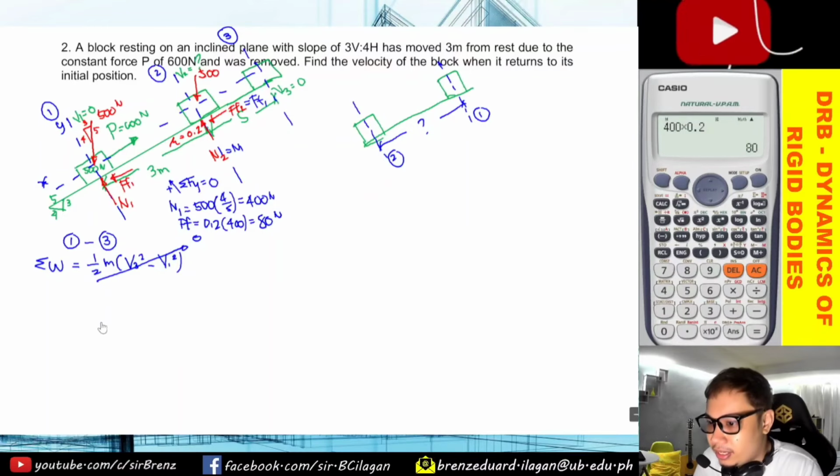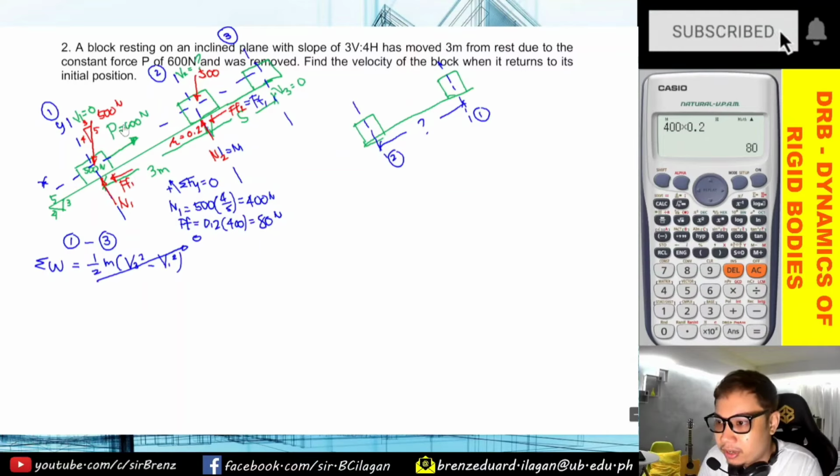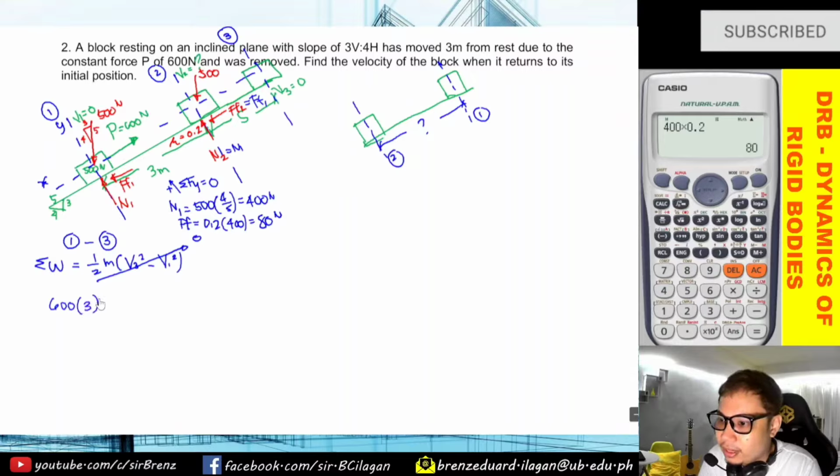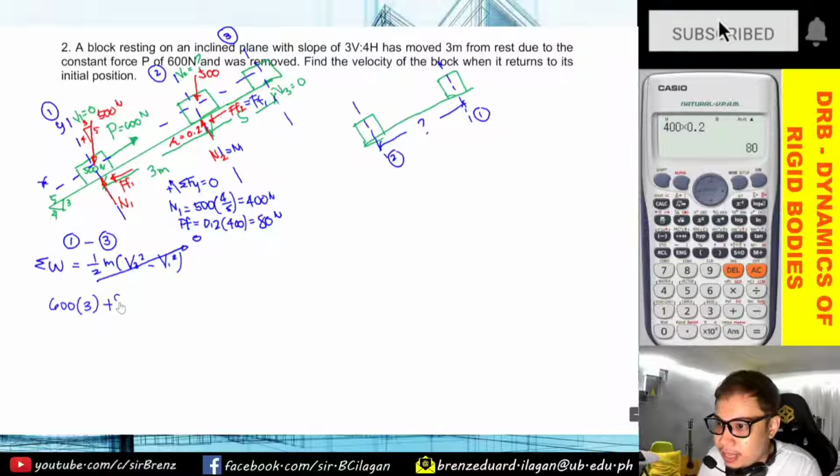Ayan, so we can now take summation of work. So, ang positive work lang dito is yung 600. So, 600 times the distance of 3. And then, plus yung frictional force natin na 80 times distance of 3. So, ito muna yung tinitingnan ko.